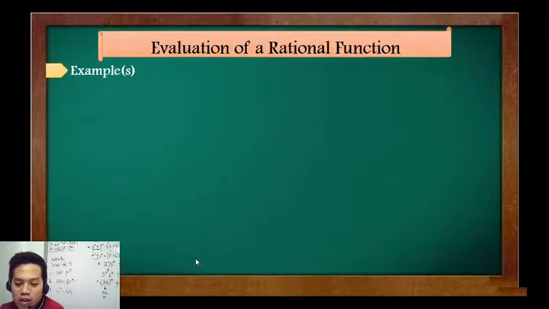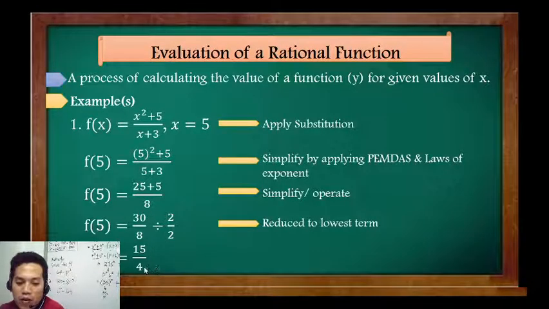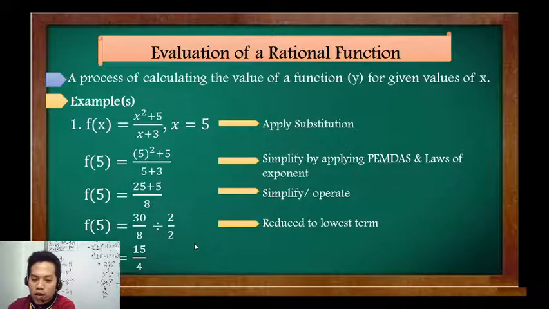So therefore, 15 over 4 is our final answer. It is reduced into lowest term. The value of our function, if our x is equal to 5, is 15 over 4. Okay, so now let us proceed with the next example.